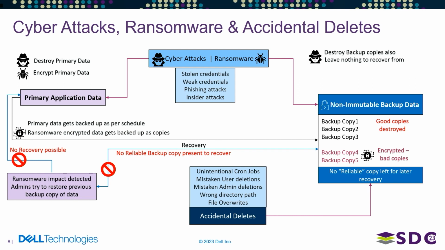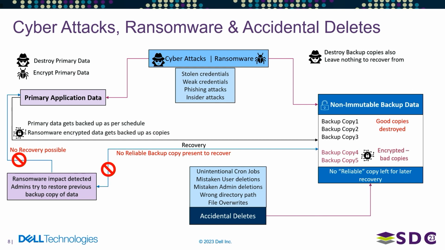So let's say you have a backup application that is copying point-in-time copies, and they have copy 1, 2, and 3. These are all good copies. But then a ransomware attack happens, and they log in and they encrypt the data.